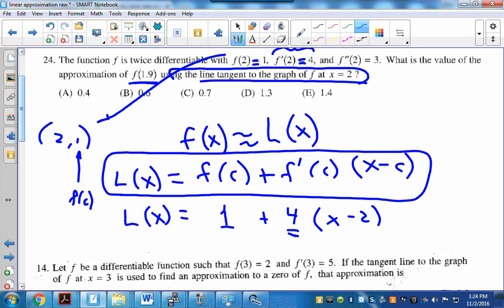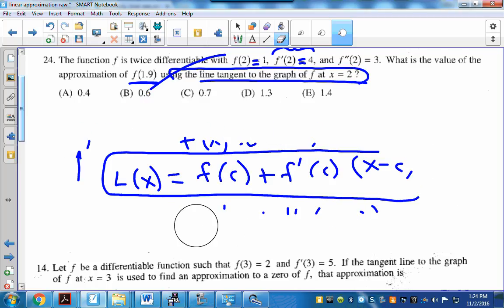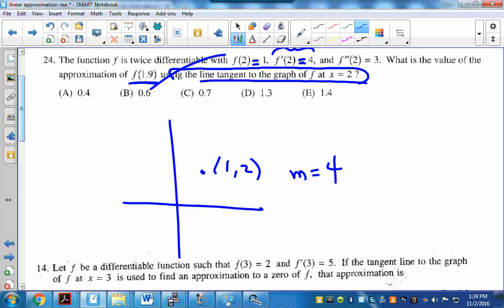Now, not to make this like a mystery, you did this in Algebra 1. No, I didn't, Mr. Bosque. Yes, you did. You just called it different things. If we had a line with a point in it, 2, 1, and I told you the slope of the line was 4, and I said, what's the equation of that line? You knew it was y minus y1 equals m times x minus x1.